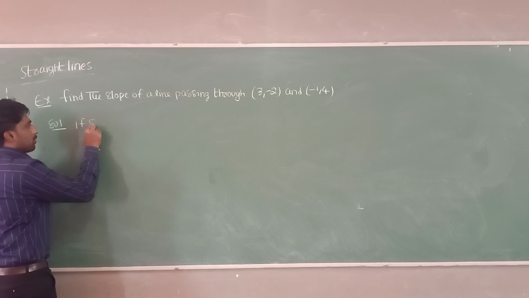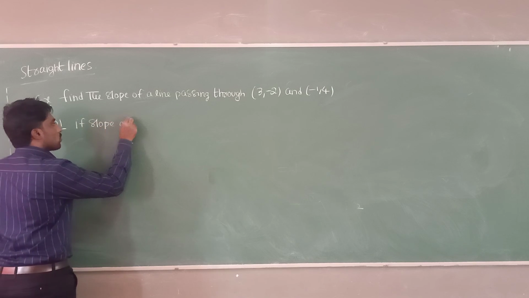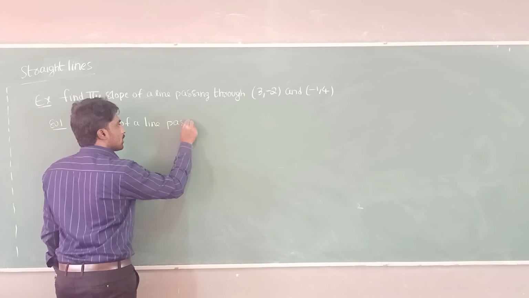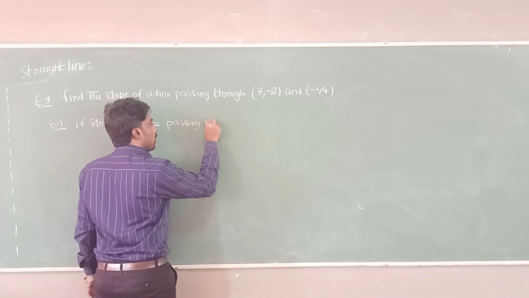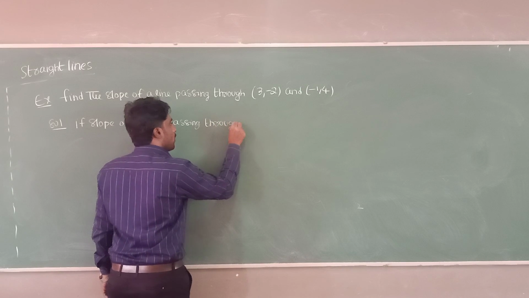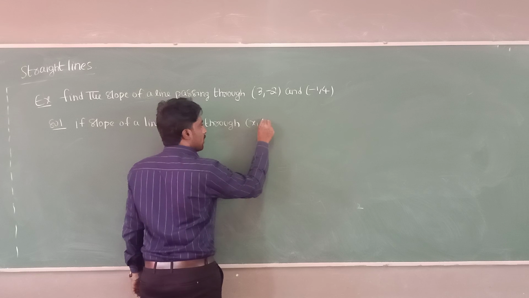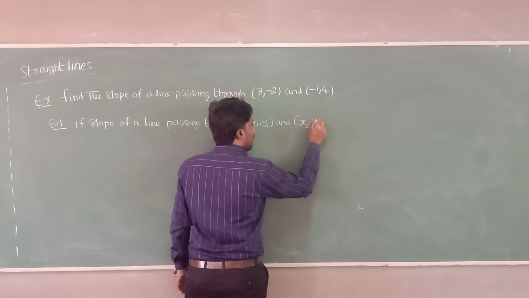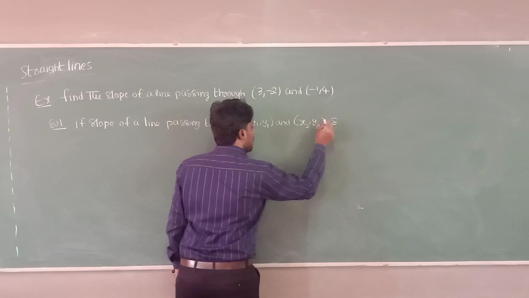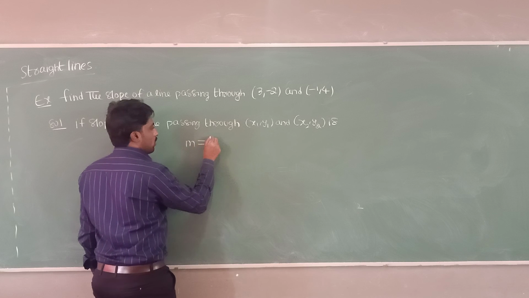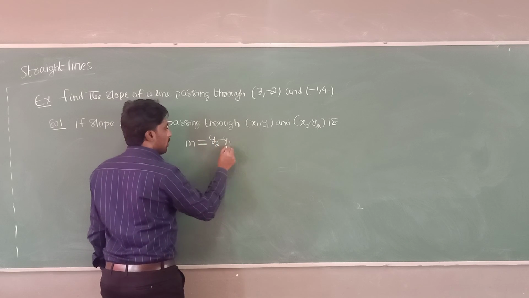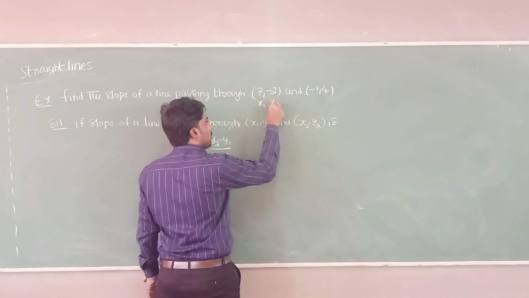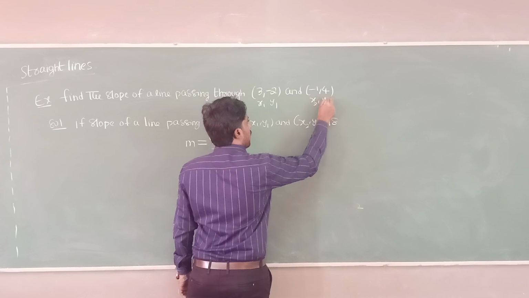If the slope of a line passing through the points x1 comma y1 and x2 comma y2, the formula is m equals y2 minus y1 by x2 minus x1. Here, this is the x1 and y1 value, and this is the x2 and y2 value.